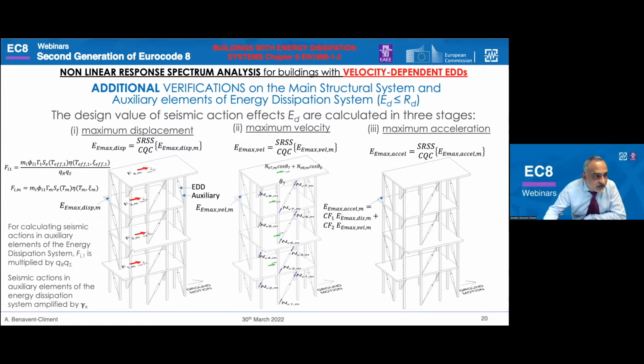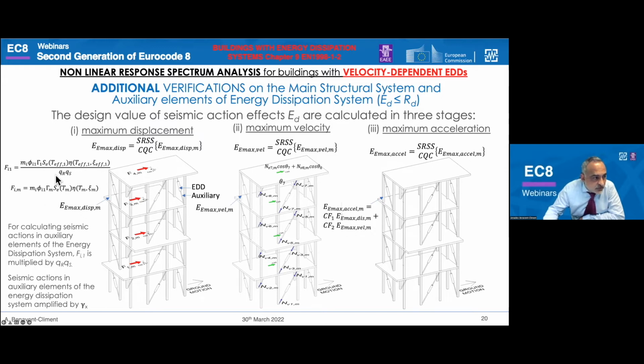for three different stages of the structure. First, the stage of maximum displacement, second, the stage of maximum velocity, and third, the stage of maximum acceleration, because we don't know in advance which will be the worst scenario. And this is accomplished by developing in general a three-dimensional elastic model of the structure, and subjecting the model to a series of forces that are given by these equations.